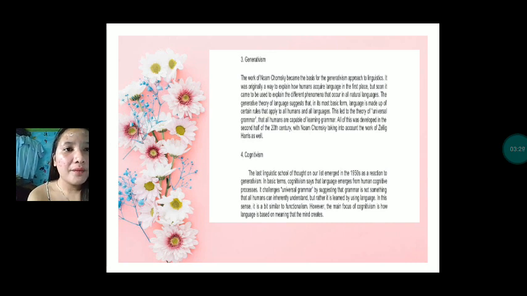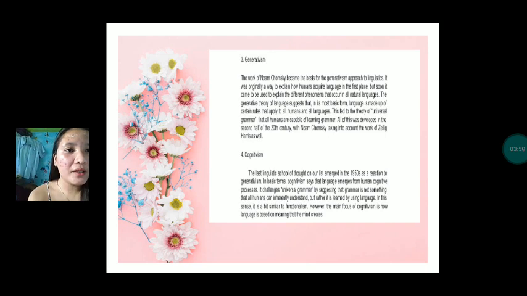Last, cognitivism. The last linguistic school of thought on our list emerged in the 1950s as a reaction to generativism. In basic terms, cognitivism says that language emerges from human cognitive processes.